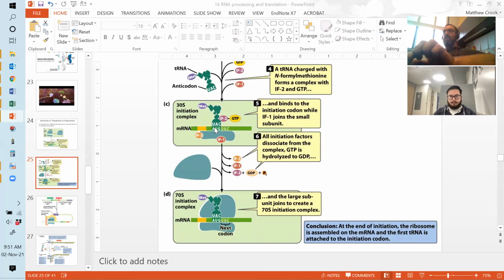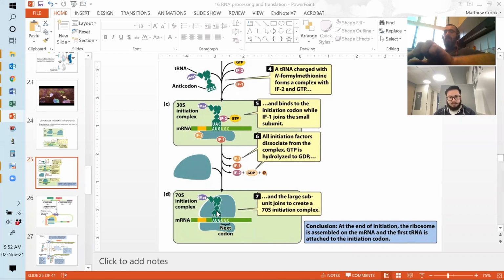And as soon as that tRNA is in place, now the large subunit can assemble over the top of that fMet tRNA. So all these other bits and pieces leave. And now you have, at the end of initiation, the beginning of translation, the ribosome assembled.